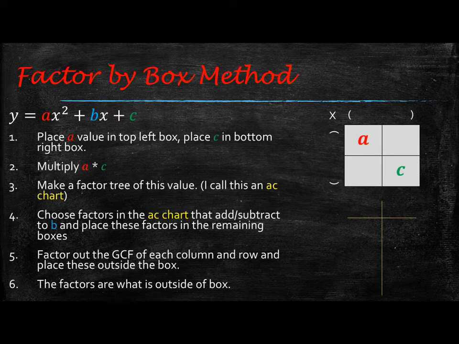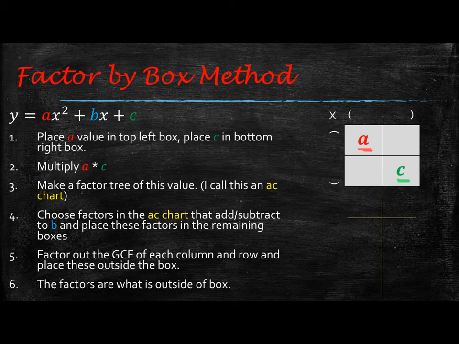It really is the same method. What you're going to do is you're going to place the a value in the top left box. And so we're going to put that a value right here. Okay? And then what we're going to do is we're going to take the c value, which is your constant, and we're going to put that in the bottom right box.